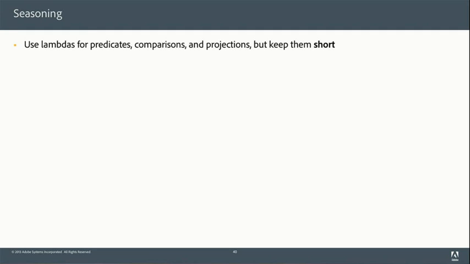You can't get mergeable out of a list of 8 Boolean predicates all anded together. So lambdas are great, but if they're long, use a function and give it a name.